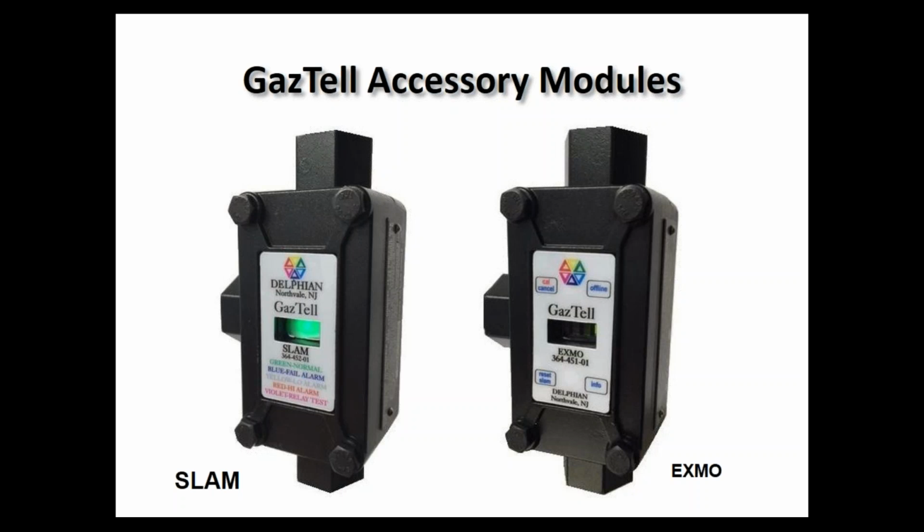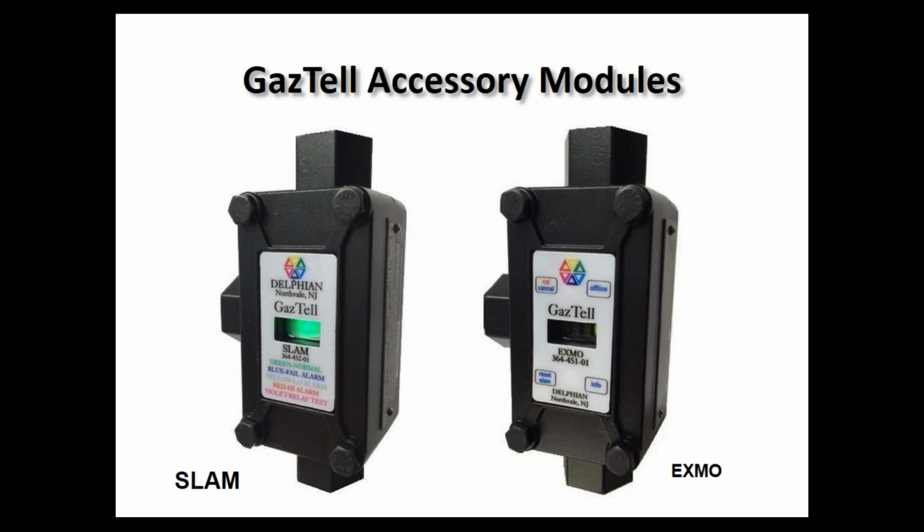So if somebody needs a sensor mounted up in a ceiling and therefore can't see that sensor, and wants to see the results or the display at room level or eye level and wants to calibrate at the room rather than getting a ladder and going up to the ceiling, you would add the XMO, which is the extension module. Basically, what that does is it mimics identically the detector up in the ceiling.